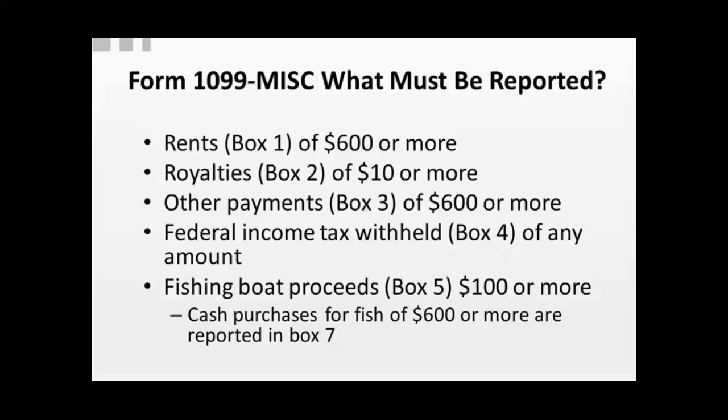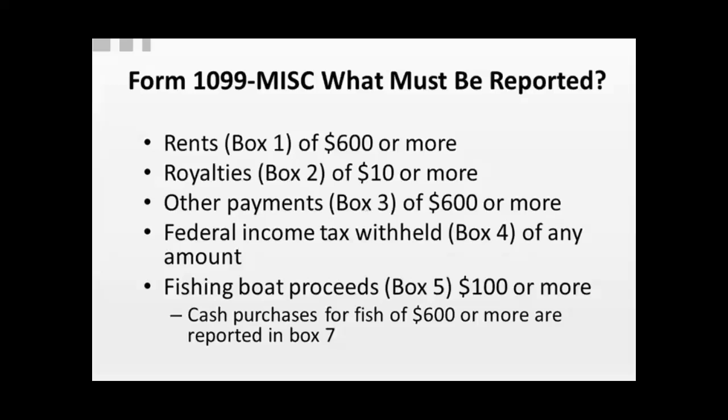There are some other items that go in there, and there's a pretty comprehensive list in the instructions. It's just things that don't fit into any other of the boxes that are reportable types of income.